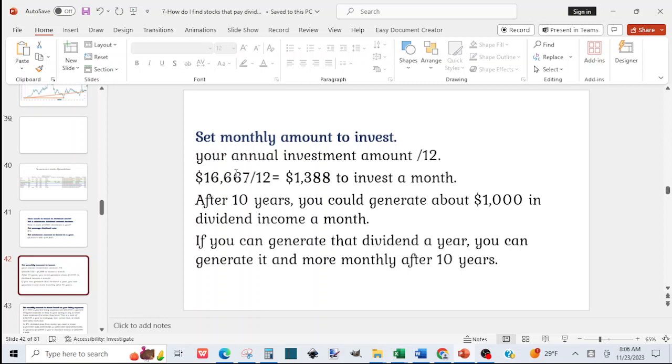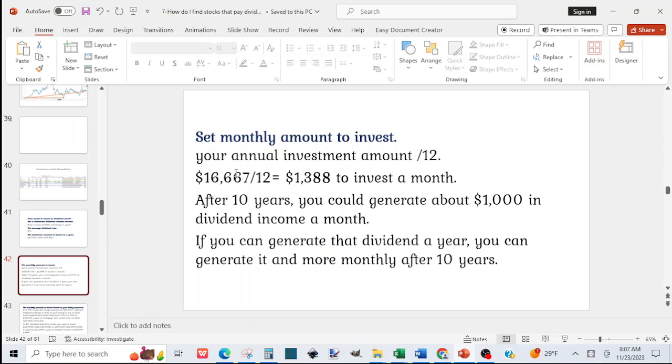So if you are able to invest $1,388 every month in a stock that pays 6% in dividend, and that stock has a good chart and is close to the 52 weeks low at the time you are investing in it, every month you look for those stocks on your spreadsheets that are close to the 52 weeks low to invest in, and you do that every month.